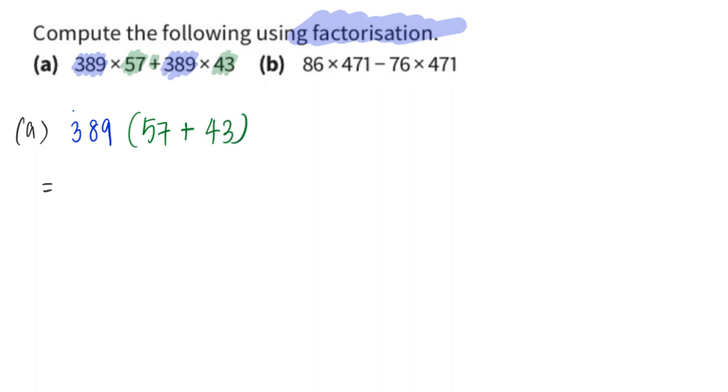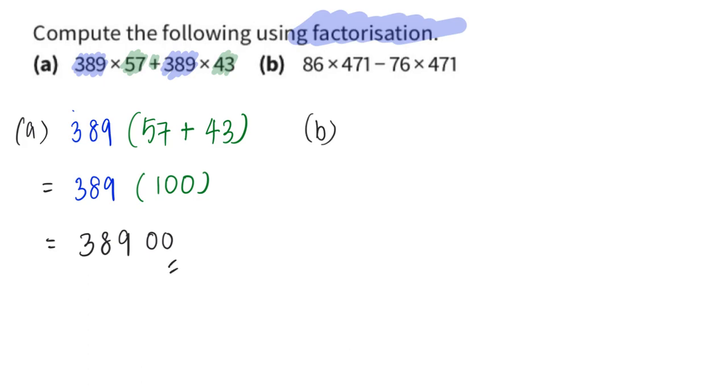So this will be equals to 389. 57 plus 43 is equal to 100. So that the final answer is 38,900.